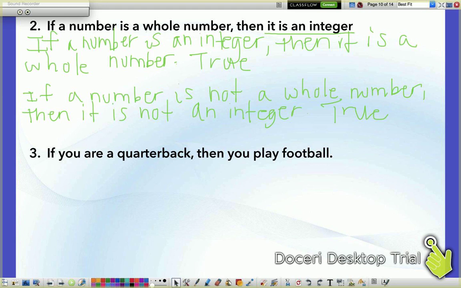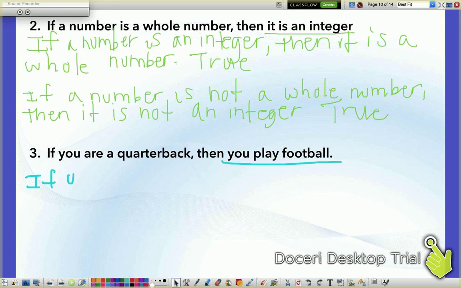Okay, the next one. If you are a quarterback, then you play football. So let's look at that now. So here becomes our if.